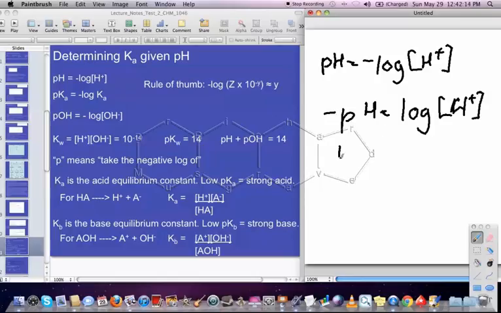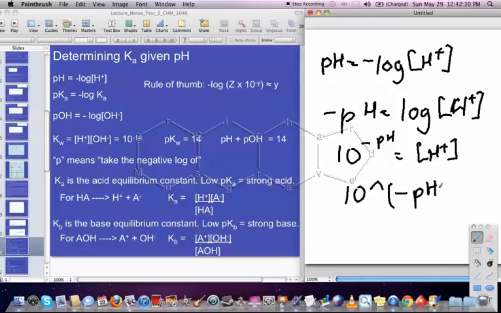So 10 to the negative pH will equal concentration of H plus. Now in your calculator, that means putting a 10 to the power and then a negative in front of the pH value. The other one that will also work is concentration of OH minus is equal to 10 to the negative pOH. So this, in combination with the other ones, will allow you to get most of the values you need.